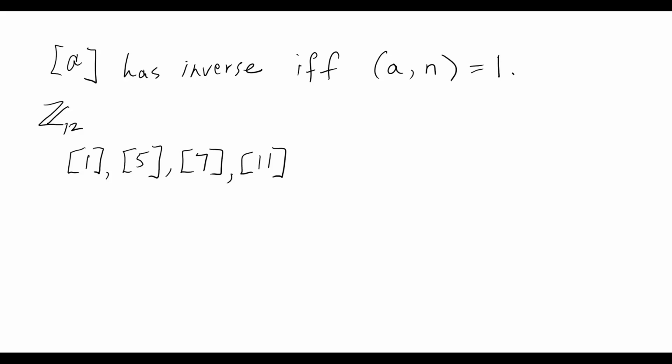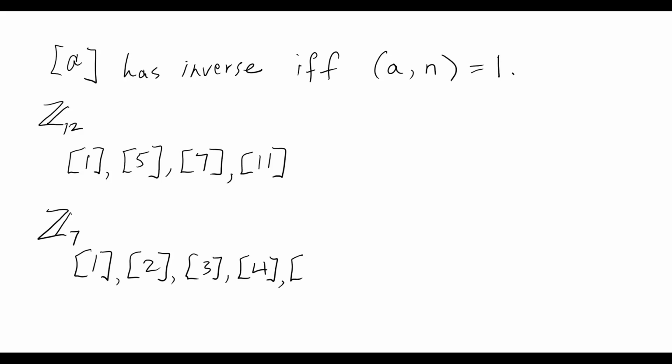Let's look at Z7. What are the elements in Z7 that have multiplicative inverses? 1, 2, 3, 4, 5, 6. Notice that these are all of the non-zero elements in Z7. Well, that's always going to happen when your modulus is prime.